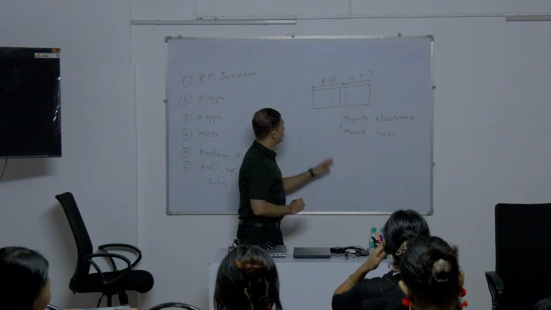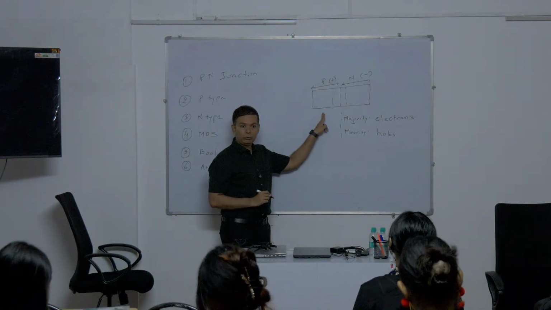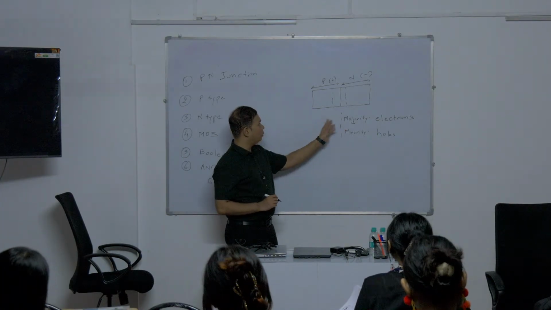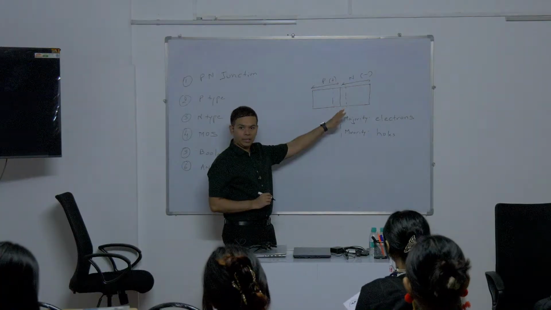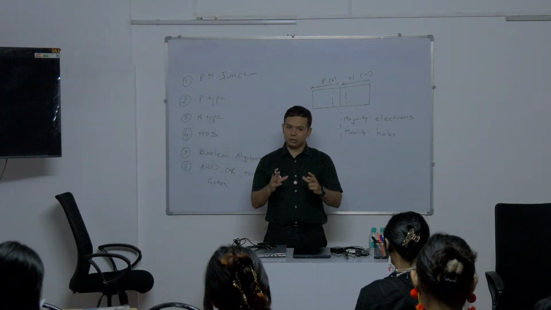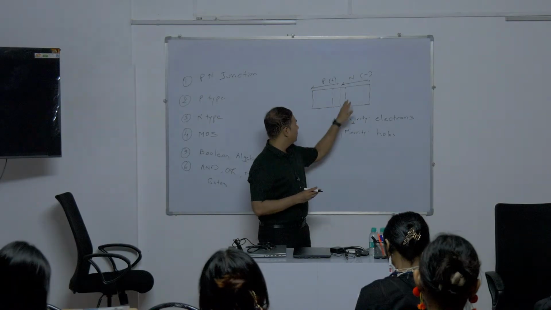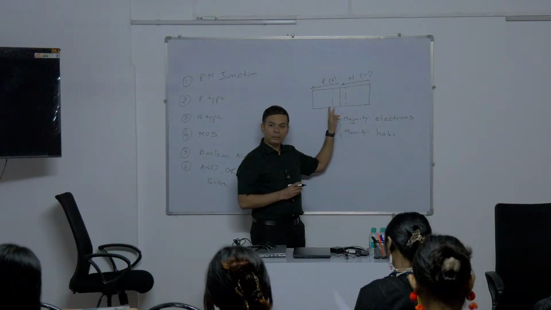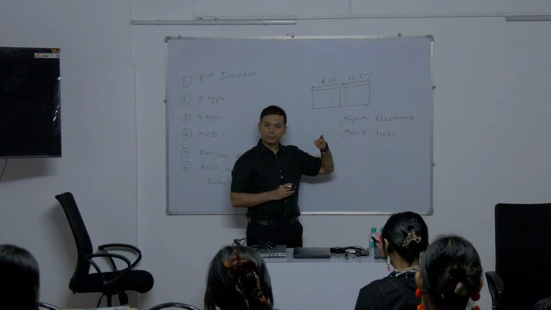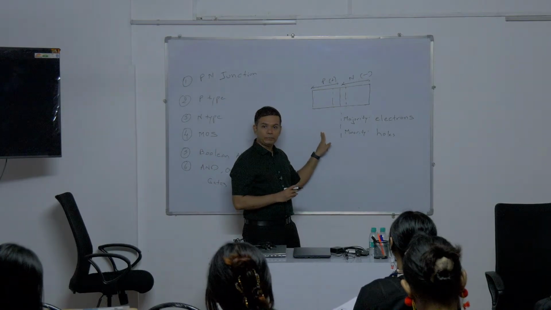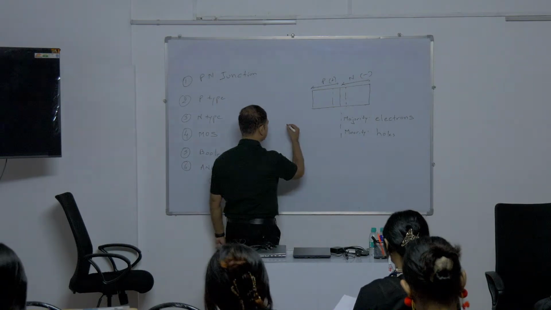Similarly, for the P-type, what will be the majority charge carriers? Holes, right? It will be opposite to that of your N-type semiconductor, right? So P-type and N-type are exactly opposite to each other, right? So if in N-type the majority are electrons and minority are holes, in the P-type it will be inverse. So majority will be holes and minority will be electrons.